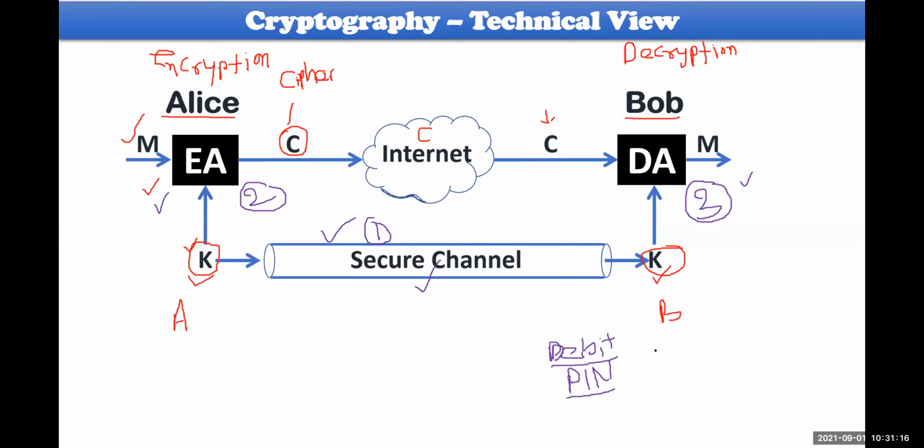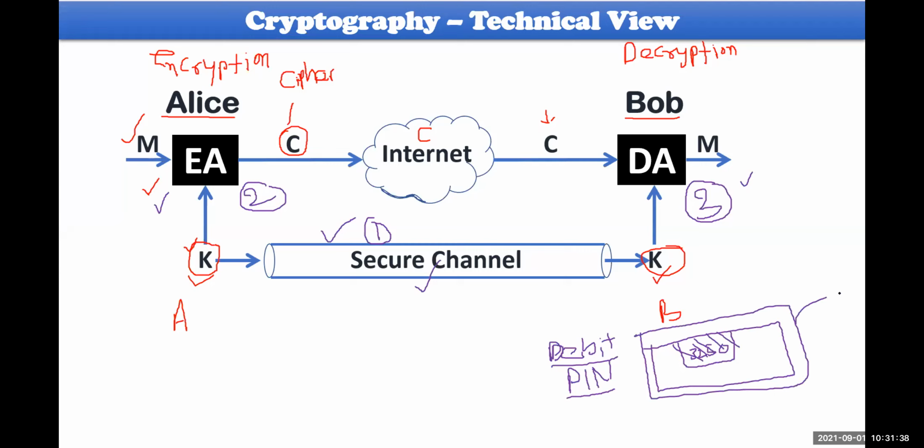It can be sent through a paper. Some number is written on that paper, covered with carbon so it is not visible to anybody. The whole paper is put in an envelope, and this envelope is sent to your home through the postal department. This is the secure channel. The banking system uses the postal department as a secure channel.